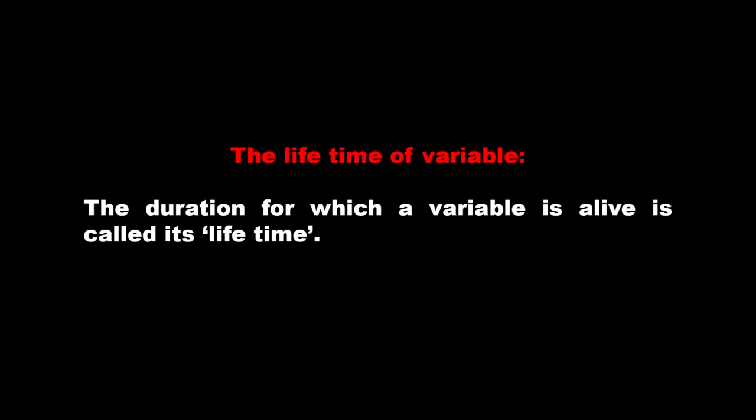Some variables will be used once in a program or by only a single section in a program. Some will be used by the entire program until the end of the program. So whatever it may be, the lifetime determines how far the variable is used in a program.